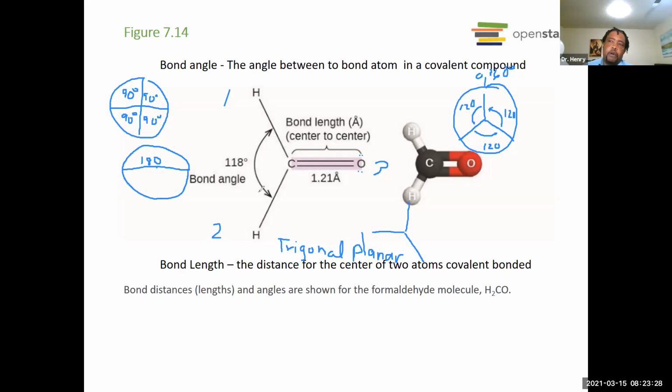Okay, so the thing that I want to point out here, because of these electrons are pushing these guys a little bit further, the angle is slightly off from 120, right? So this will be like 121, and this guy will be 121. And then this guy will be 118, okay?